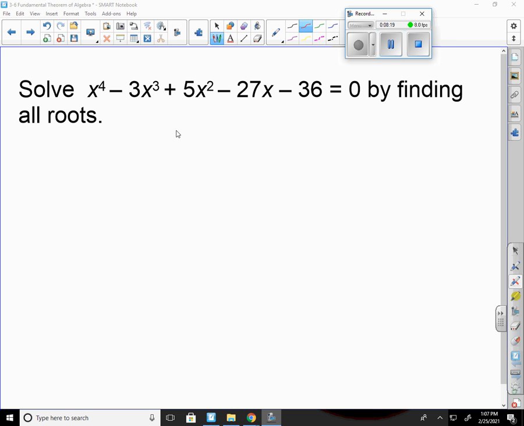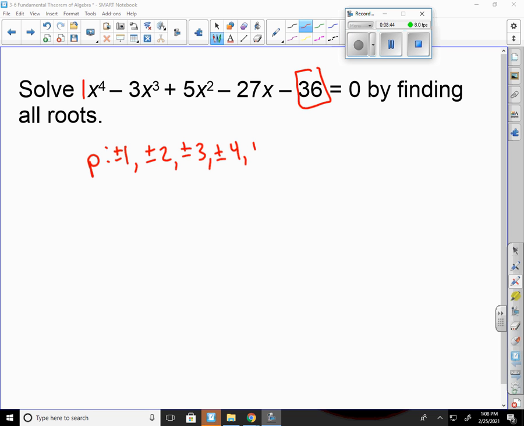P over Q. There's P. There's nothing in front of here, so Q is 1. That makes it nice. Let's look at our factors of P. What goes into 36? Plus and minus 1, plus and minus 2, plus and minus 3, plus and minus 4. This one's horrible. No 5.